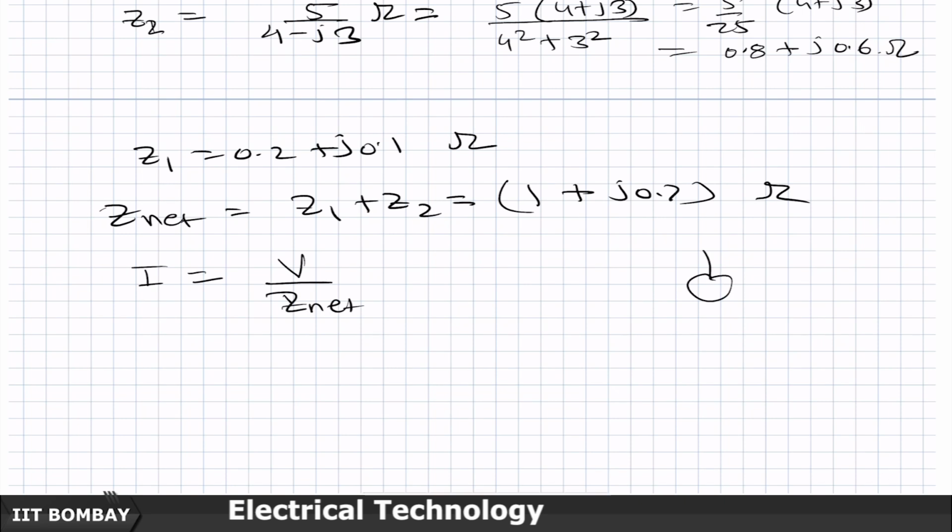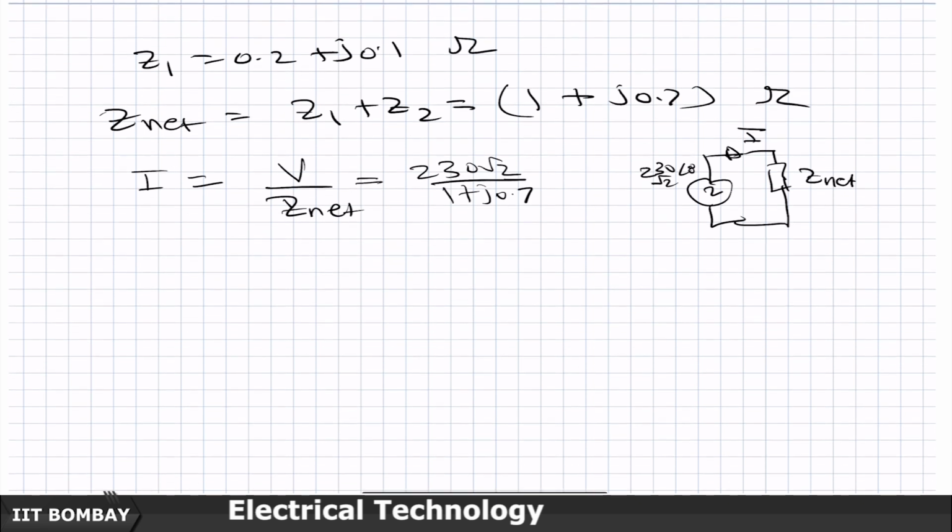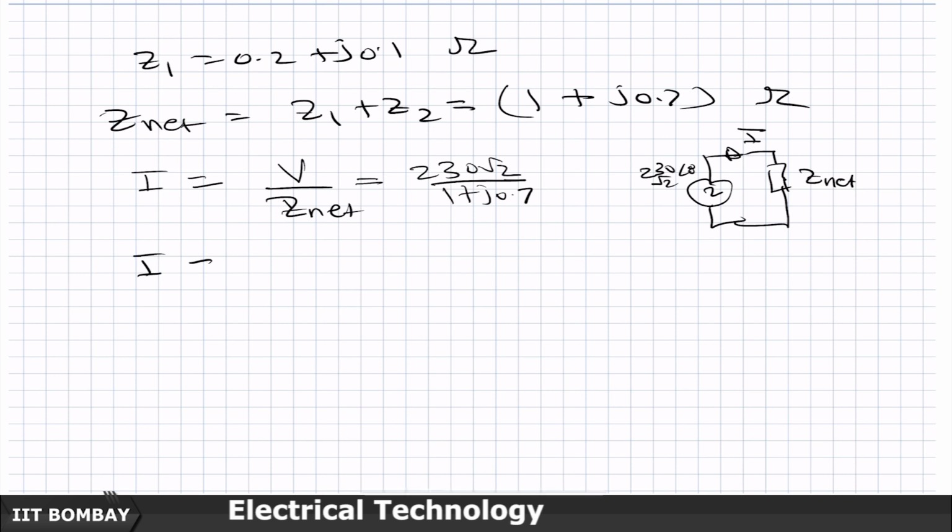So, this voltage of 230 root 2 at an angle 0 is coming across this Z net branch, and so by Ohm's law this is going to be equal to 230 root 2 divided by 1 plus j 0.7, or in other words 230 root 2 divided by, again multiplying the numerator and denominator by the complex conjugate of the denominator.